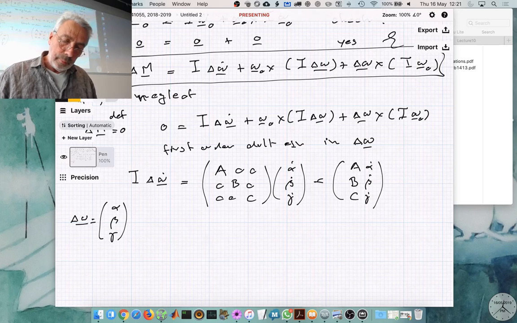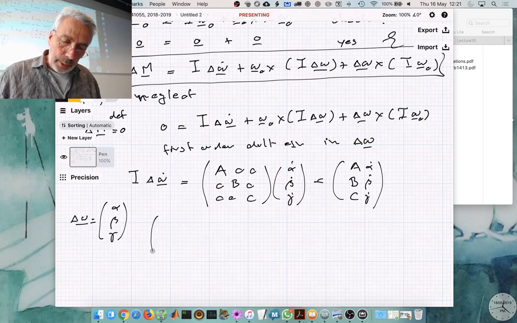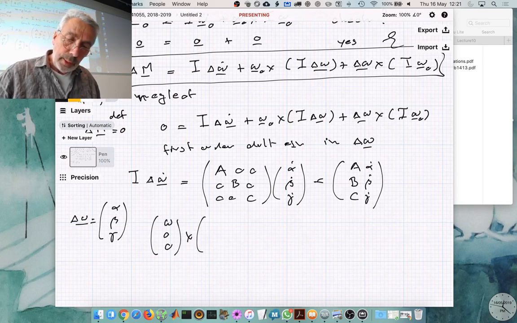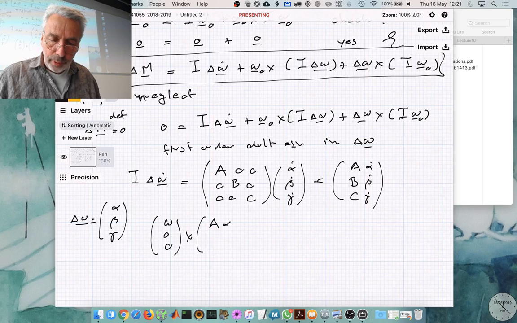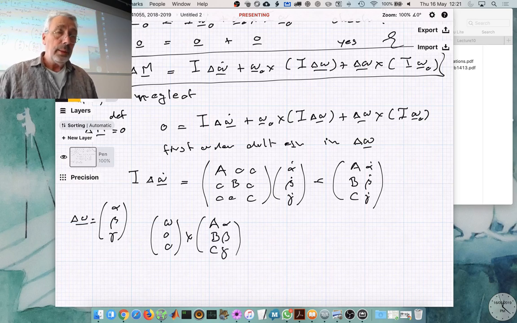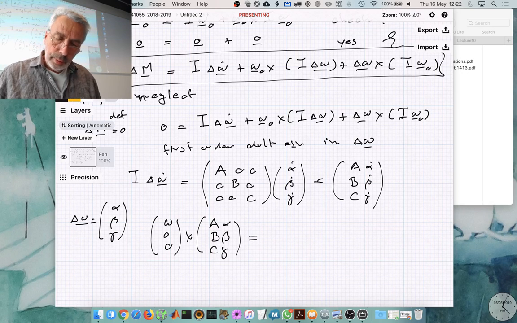Then this one. Well, the omega cross that guy. So we get omega, which was omega 0, 0, cross this guy, I delta omega. Well, looking at this, we already know that should be A alpha, B beta, C gamma, right? And then the cross product. Well, that's also not so hard because there are a lot of zeros here. So the first is 0.